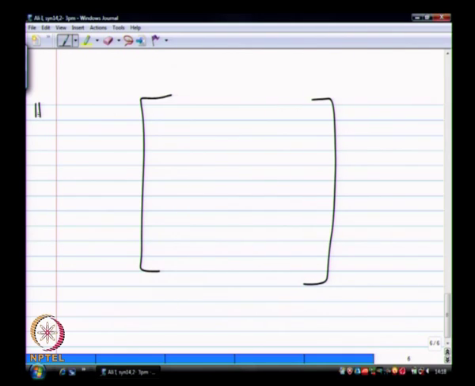So this is pi 1, pi 2 and so on. And let us say q 1 1. This is the rate of going from state 2 to state 1, and so on up to state n.